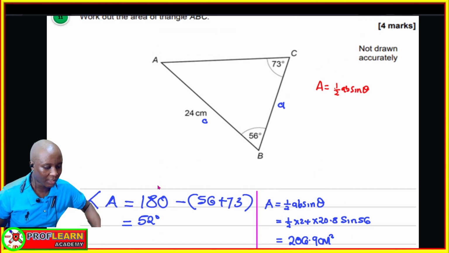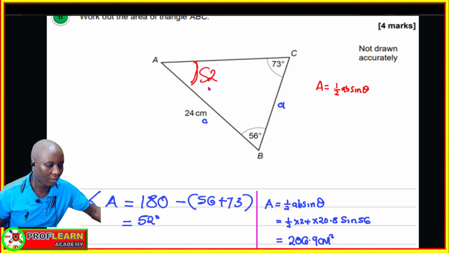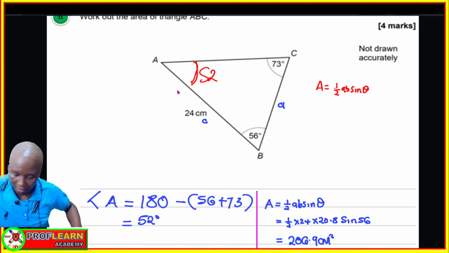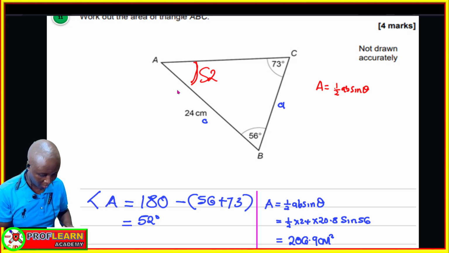Of course, first I wanted to find angle A. I find an angle A, which is 180 minus 73 minus 56. So I got here 52. And so I have to check that value that we have here, because we don't want to make a mistake.